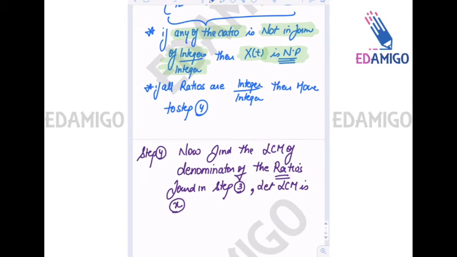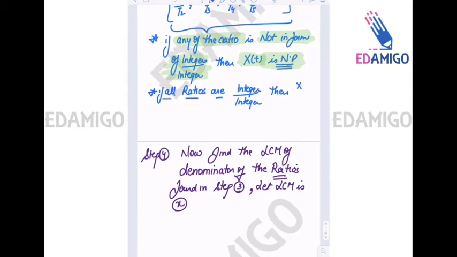Now let me add a point here. If all the ratios are integer upon integer, then capital X(t) is periodic, and to find the period, move to step 4.